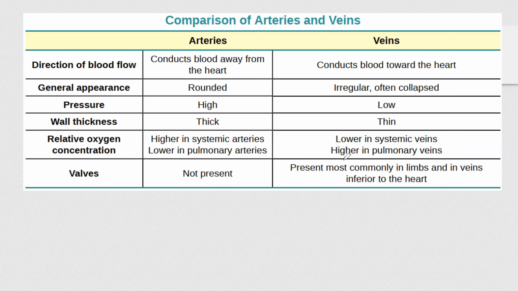In veins, you're returning blood back to the heart. Imagine that you're standing up and you need to return blood from your feet back to the heart, right? You don't have high blood pressure to do it, and blood flows against gravity. So you do want valves to prevent backflow.